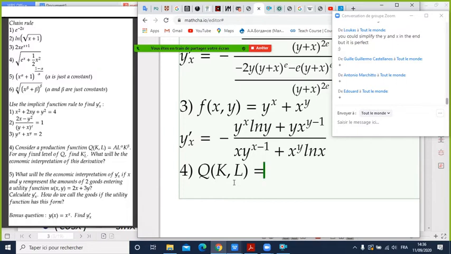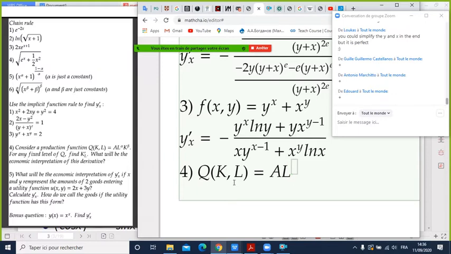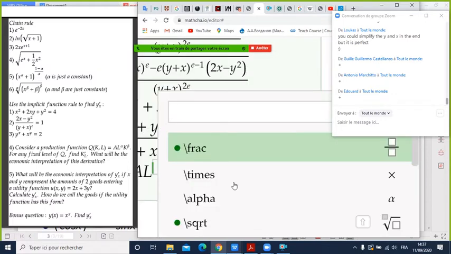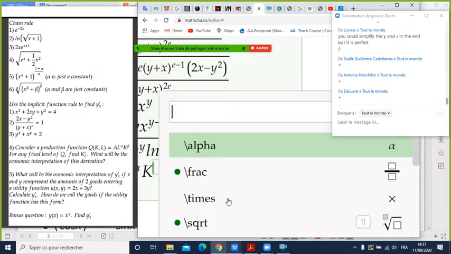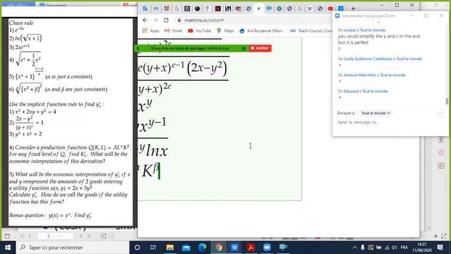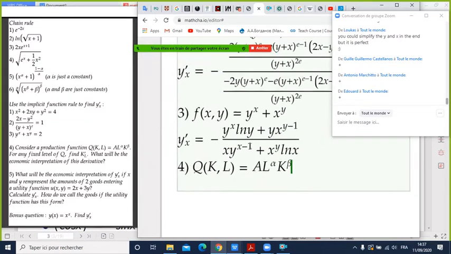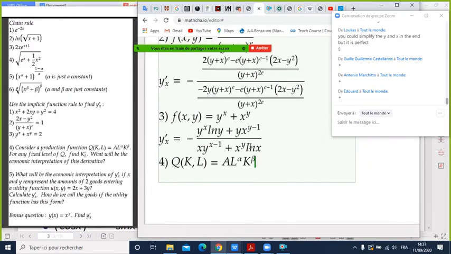Very standard functional form as well. So A times L to the power of alpha, K to the power of beta.